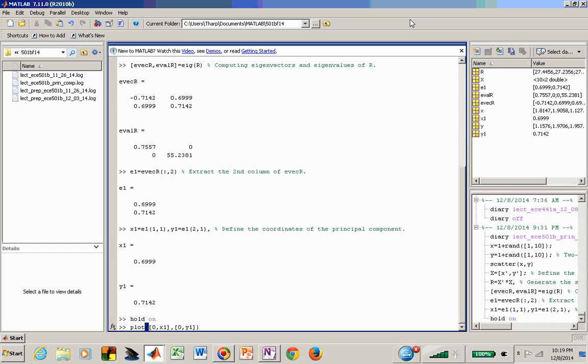This should now draw a line, so this will show the direction of the principal component with this set of data.